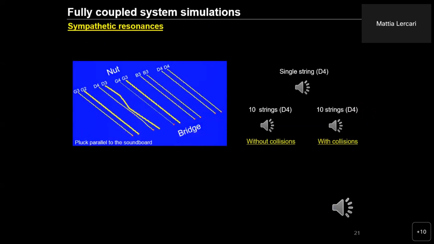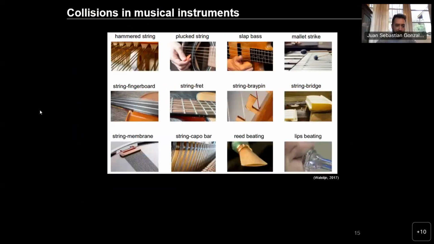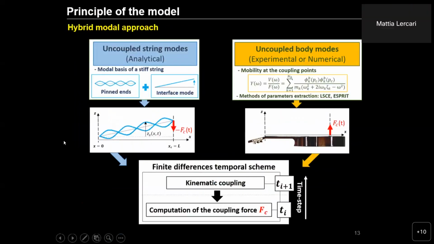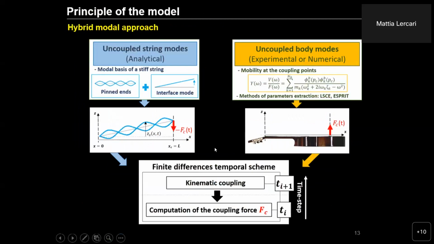Are you using the response of the bridge to model the reflection at the bridge in the finite difference scheme simulation of the string, or are you doing something else? I didn't understand the specifics of the implementation of the coupling force.